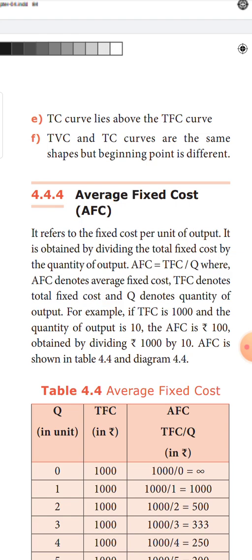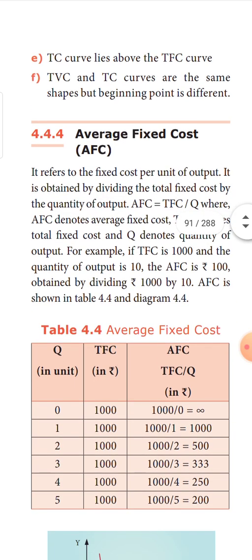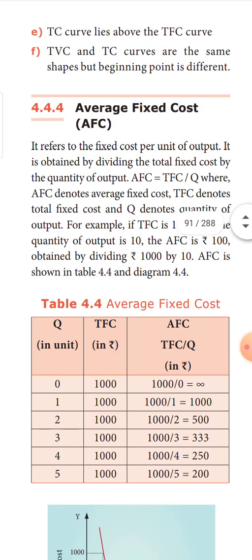So what is the basic formula? Sum of all the observations given divided by number of observations. Whatever we have learnt in lower classes, 6th standard and 7th standard, the same formula only we are going to apply to find out the average fixed cost, average variable cost and average cost.